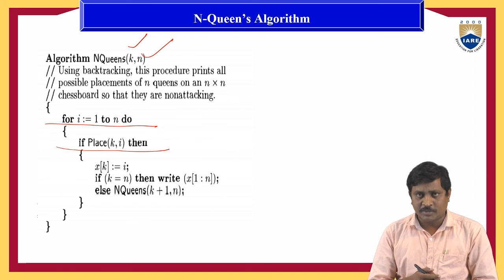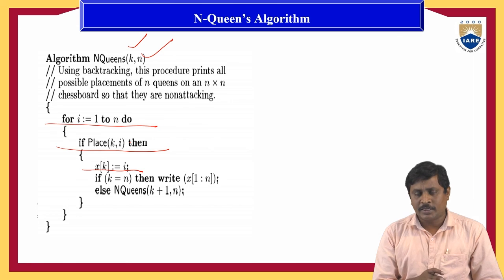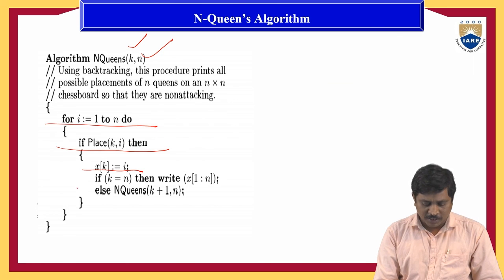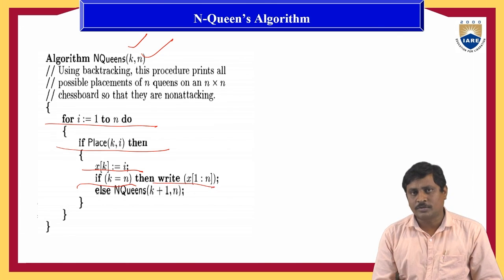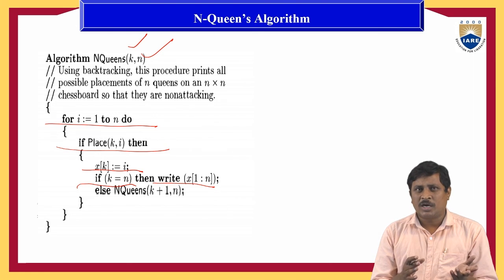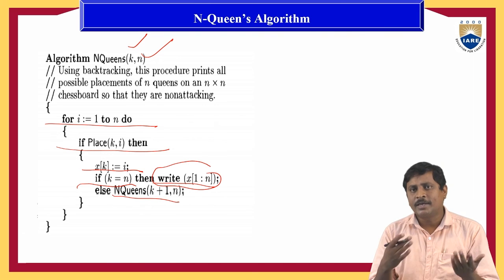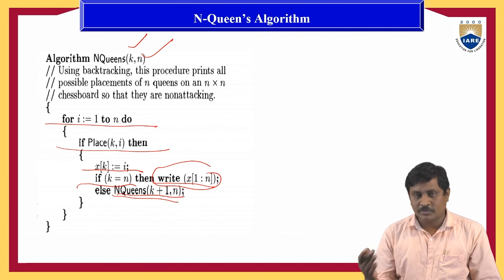Otherwise, we place that queen in that place. We set x[k] equal to i, placing that queen in that particular position. If k equals n, then write x[1 to n], since we have already placed all n queens, and that solution is x[1 to n]. Else we repeat for the remaining places, NQueens(k+1, n).